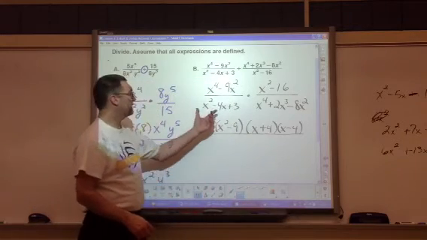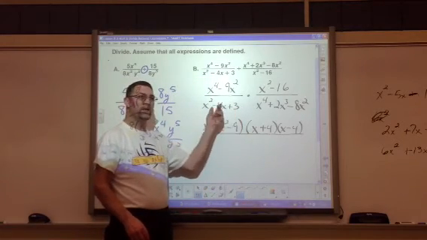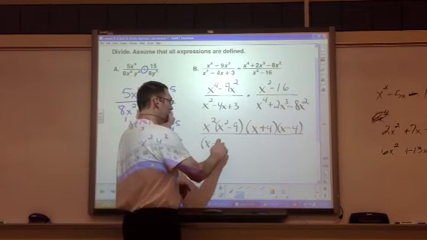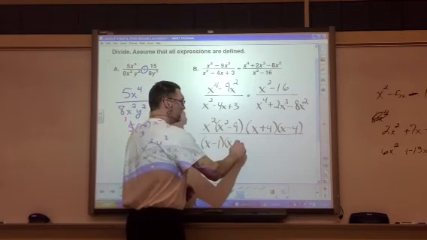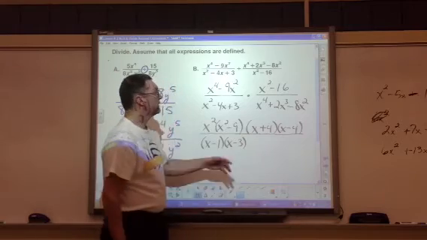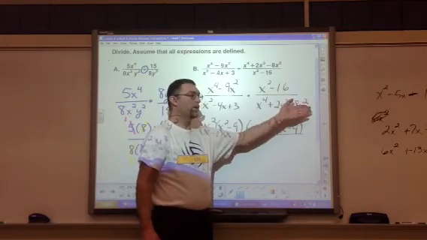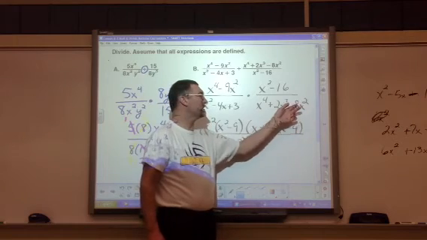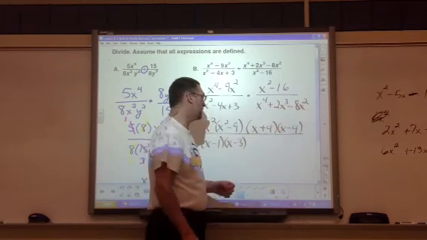In the denominator, what are the factors of 3 that add up to 4? So that's going to be x minus 1, x minus 3. Over here we got another big one, because we got to the 4th power. X to the 4th, x cubed, x squared. So these all have an x squared in common.